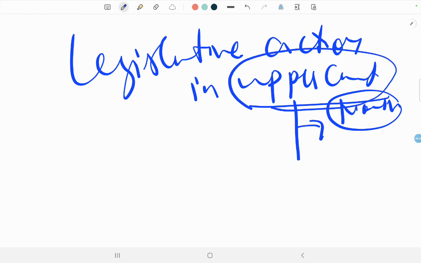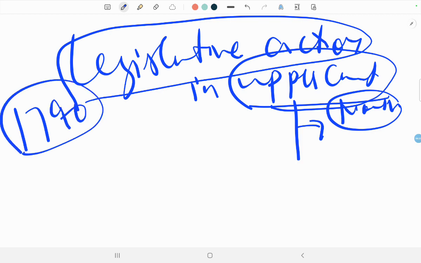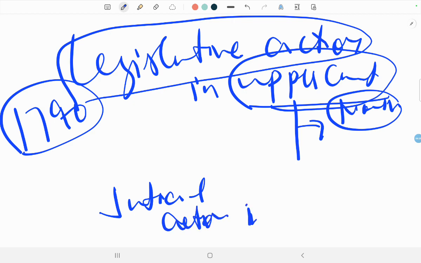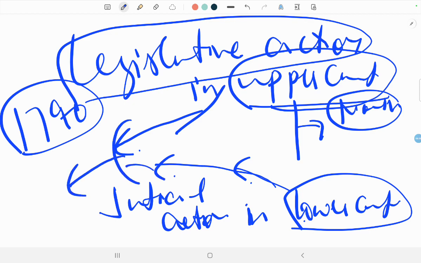Legislative action in 1790 and judicial action in Lower Canada. Lower Canada here means Lower Quebec, Lower Ontario, Nova Scotia, New Brunswick, Prince Edward Island. So by legislative action and judicial action they removed slavery. Now slavery ends in Canada.